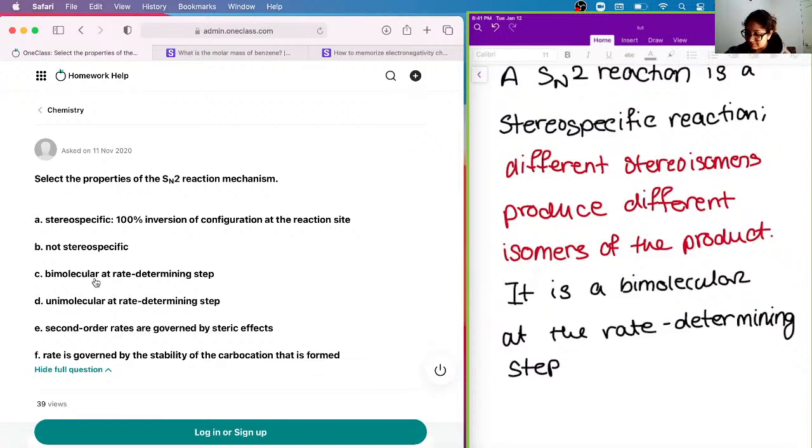That is why it is bimolecular. And so the mechanism has a rate of reaction which depends on the concentration of two first order reactants.